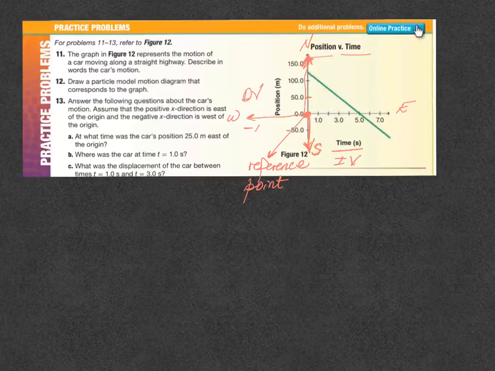And all of that depends on your reference point, because if your reference point is Key West and you go to Orlando, you're still going to be on the positive side. But if you are here in Miami and you move to Key West, and Key West is your reference point, you're still moving on the positive side. Depends on the reference point. Reference point is super important.